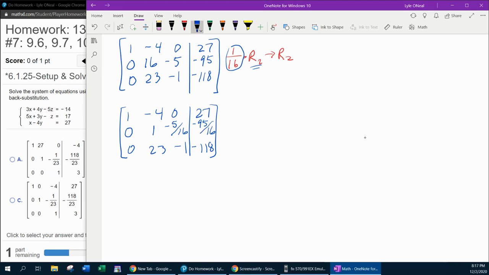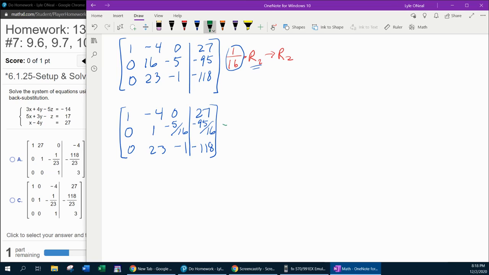Now then, we need to focus on getting the 23 to become 0. And since this element is 1, that means we're going to be able to use row 2 to work on getting the 23 in row 3 to be 0. Here's the row operation.